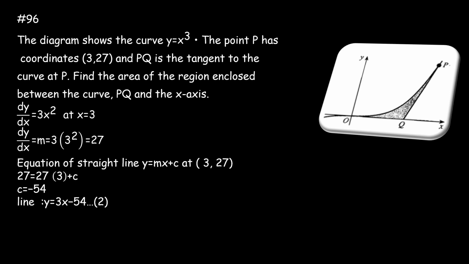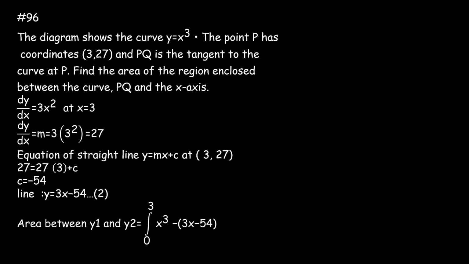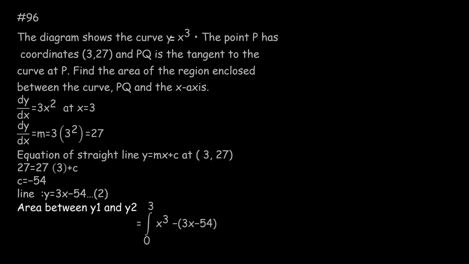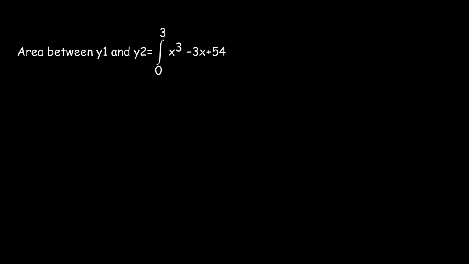We need to get the area of the region enclosed between the curve. We're going to have to subtract y1 and y2, given that y1 is the curve and y2 is the straight line. So we have the integral of x cubed minus 27x plus 54 from 0 to 3.